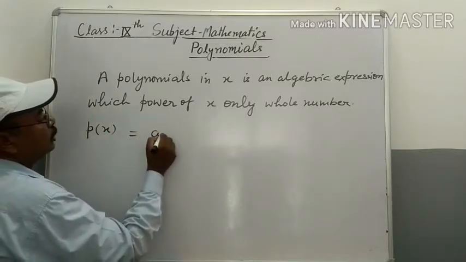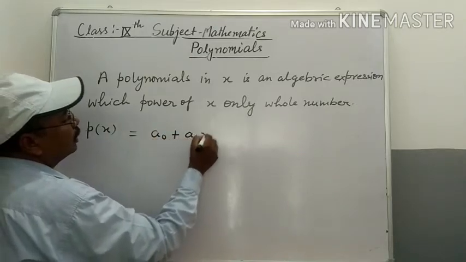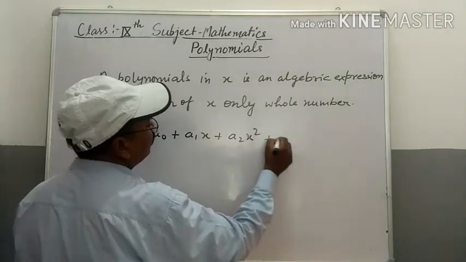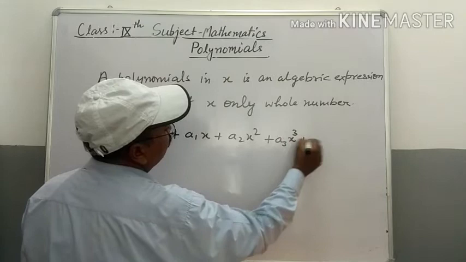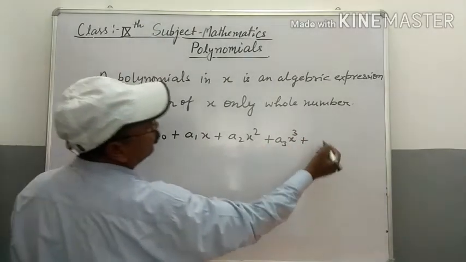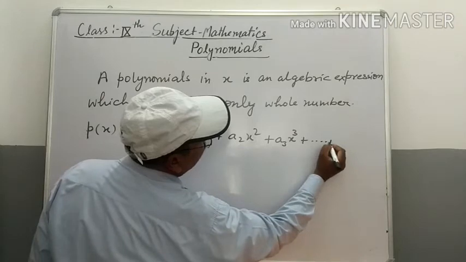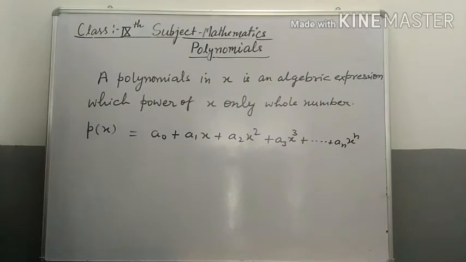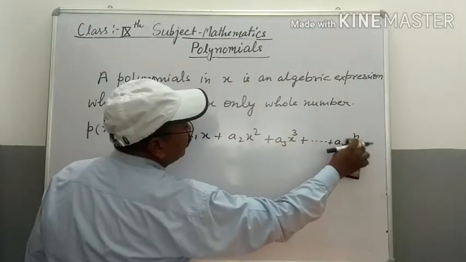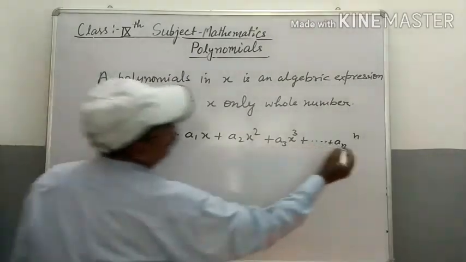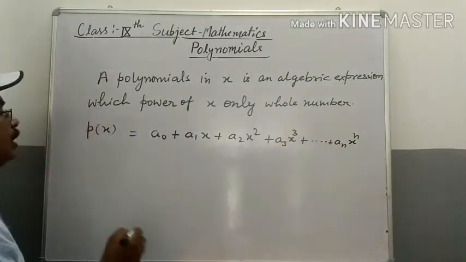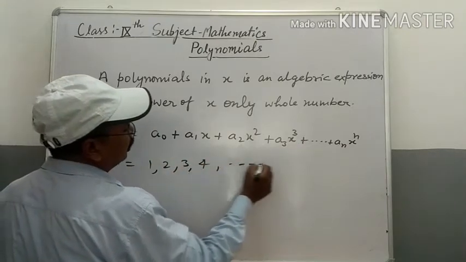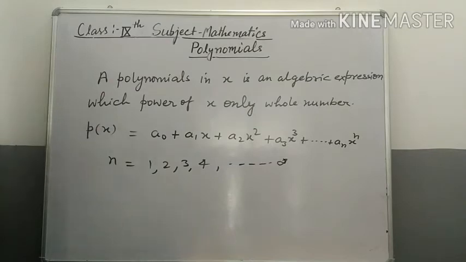We can write a0 plus a1x plus a2x square plus a3x cube plus a4x to the power 4 plus ... plus an x to the power n, where n is a whole number 1, 2, 3, 4, up to infinity.